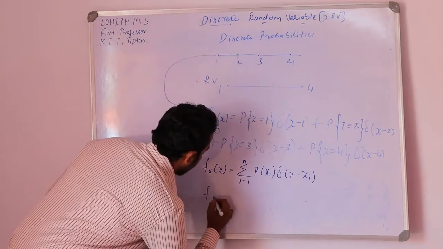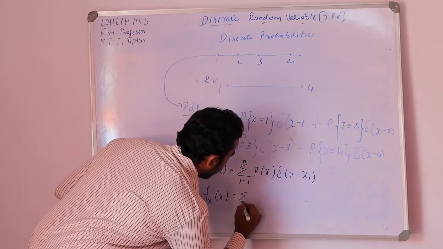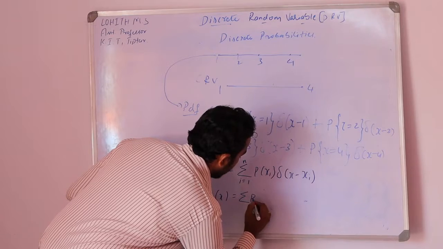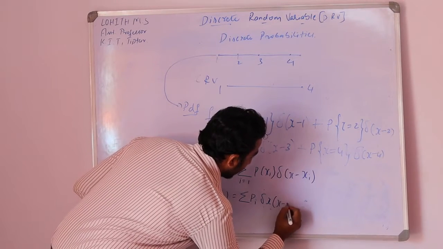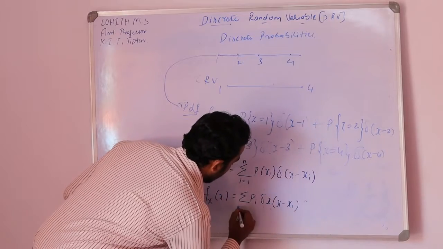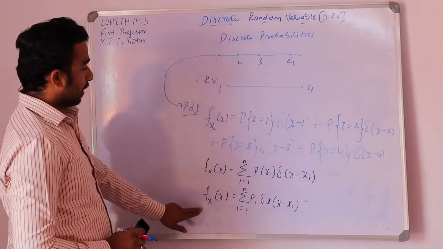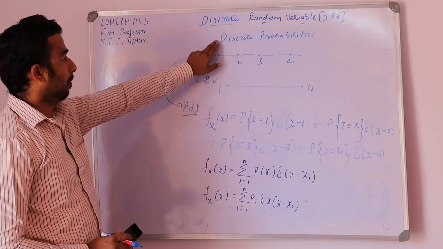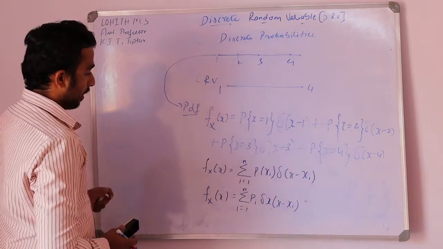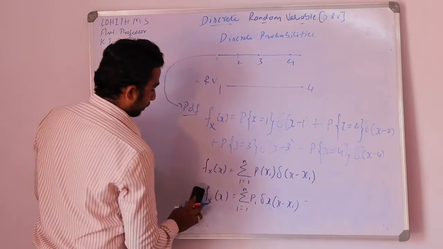Or else I can write this in another way as the sum of pi delta of x minus xi, i equal to 1 to n. This is the probability density function for a discrete probability, so discrete random variables. We'll take an example on this.